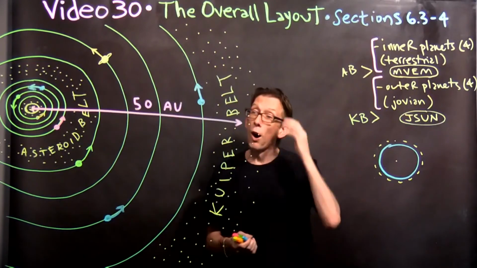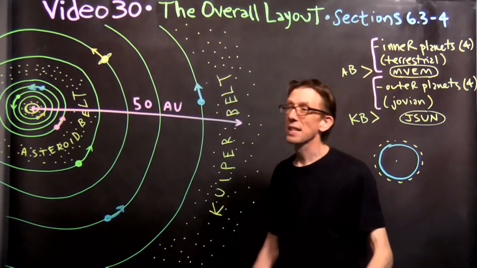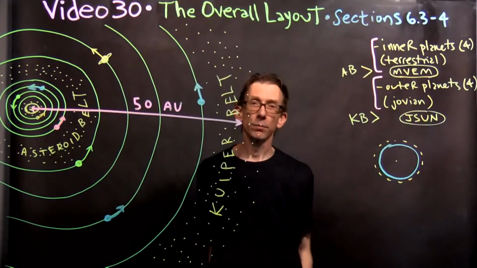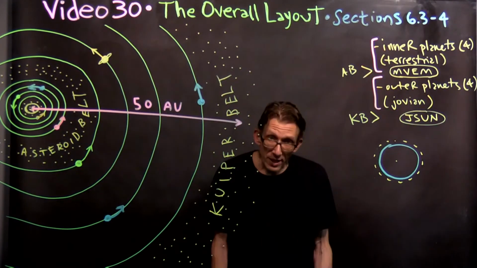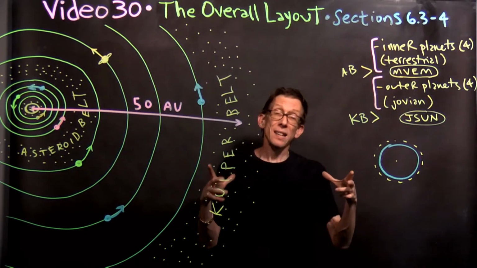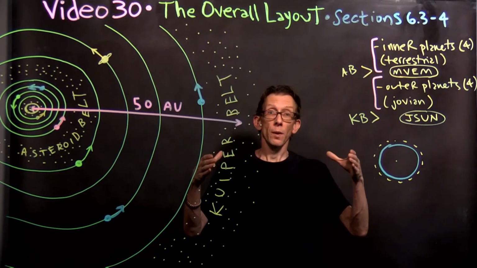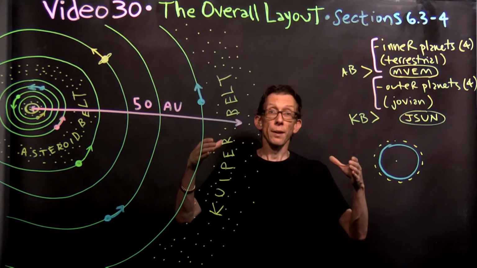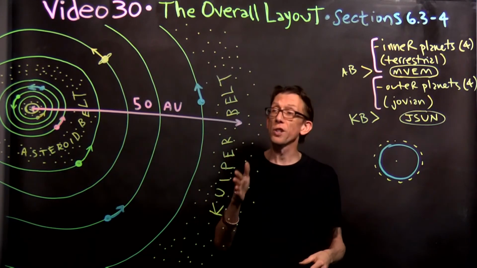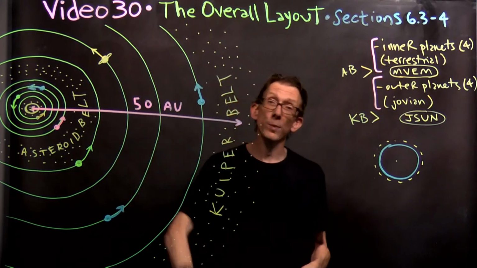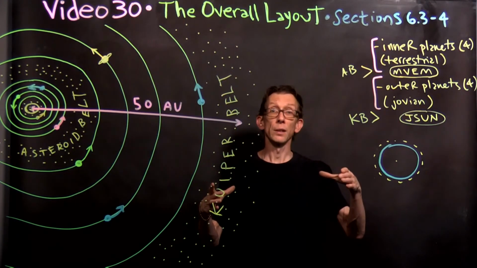And they all move in approximately the same plane, the plane of the ecliptic. Only the sun is actually in the plane of the ecliptic. That's how the ecliptic plane is defined. All of the other planets have a little bit of a tilt relative to it. The largest is Mercury, the innermost planet, with a tilt of about 7.5 degrees relative to the ecliptic.